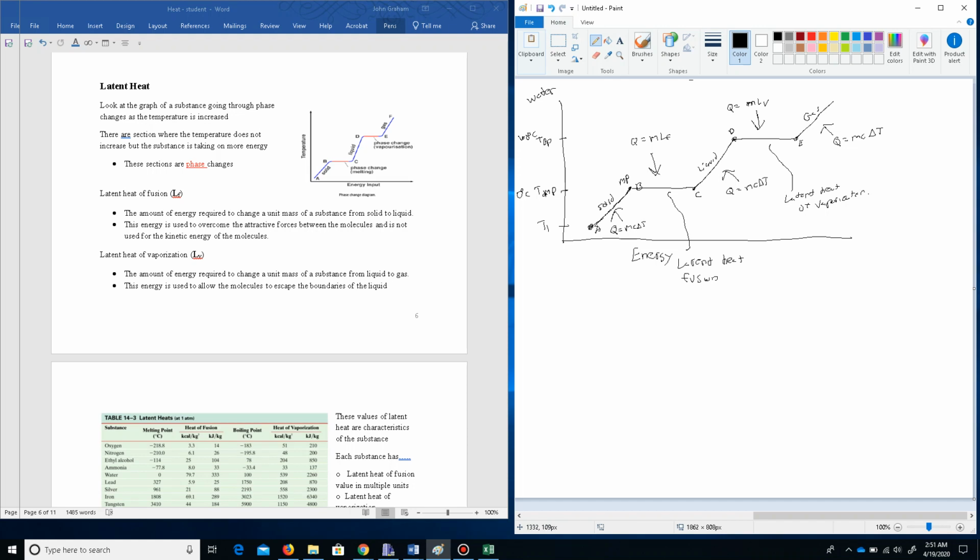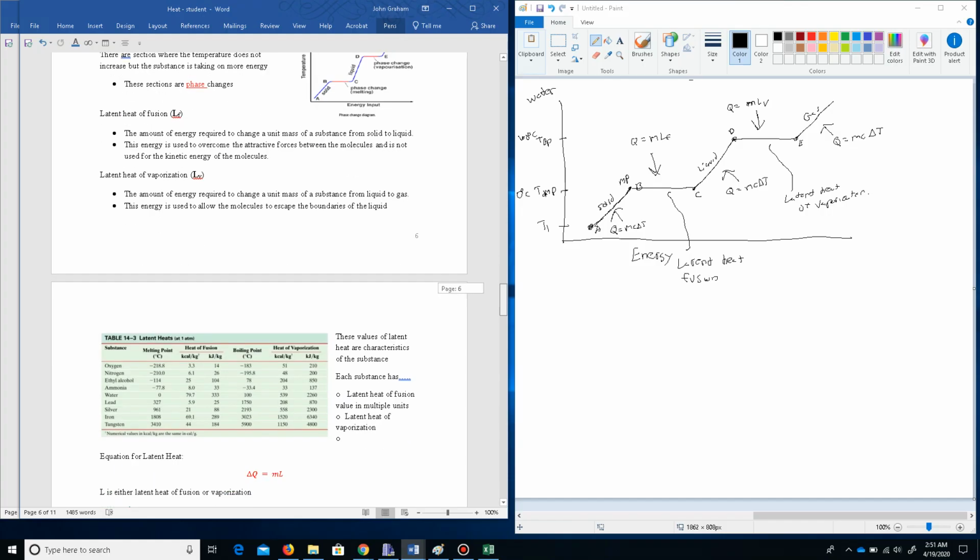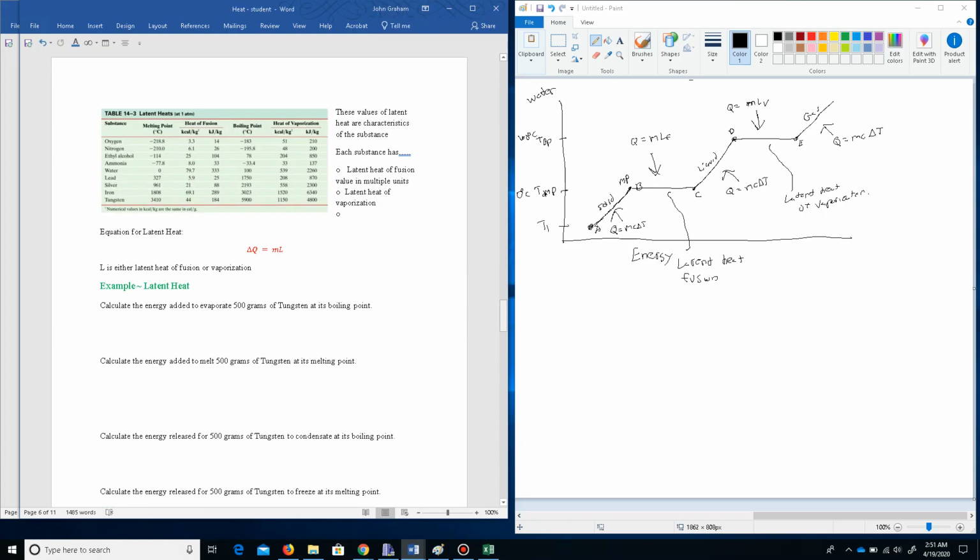Okay, these LF and LV can be found in some table, and usually it always gives the melting point. So it gives these 2 temperatures here. These temperatures, a temperature down here or a temperature up here, are going to be kind of arbitrary depending on how hot you're going to heat the gas or how cold was the ice or something like that.